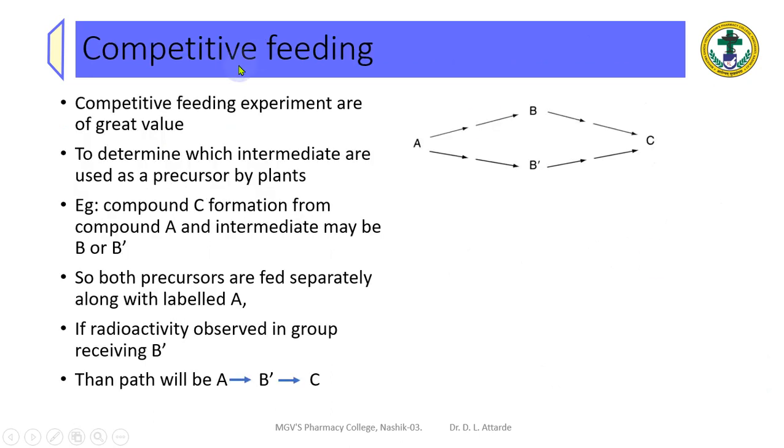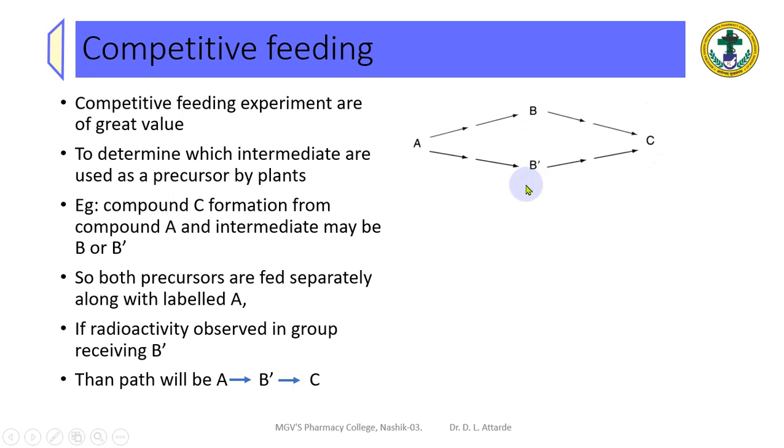Second method, competitive feeding. Competitive feeding experiments are of great value. Here we determine which intermediates are involved. Your A may be passing through B and then giving you C, or it may be passing through B dash, giving this type of compound and then forming C. So here the intermediates, both B and B dash, are labeled in the method.